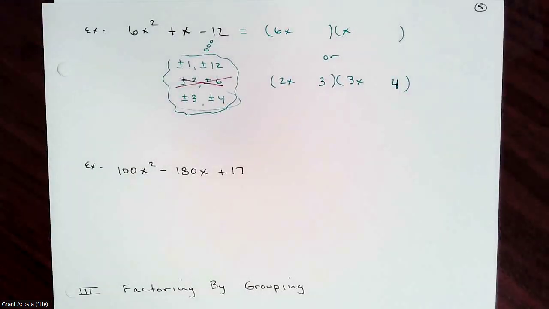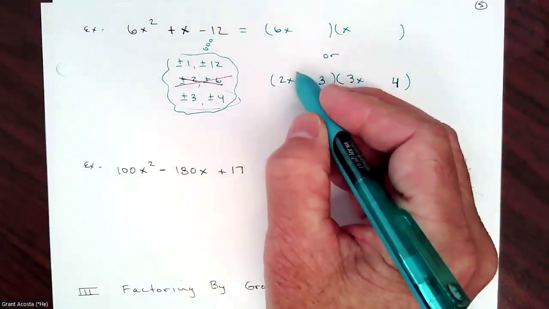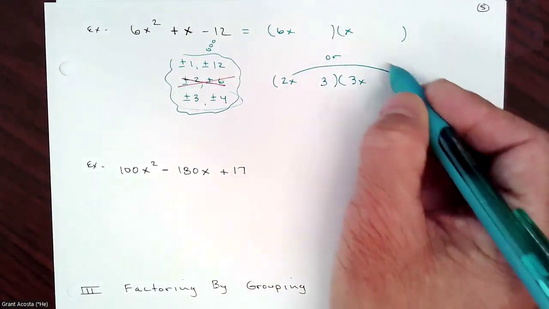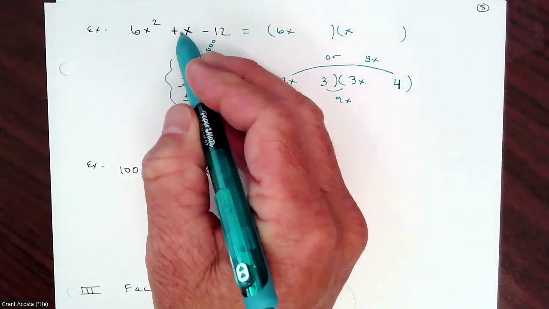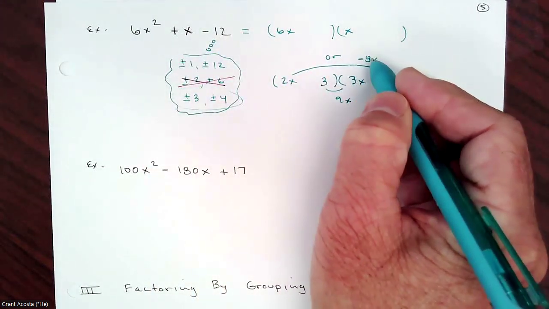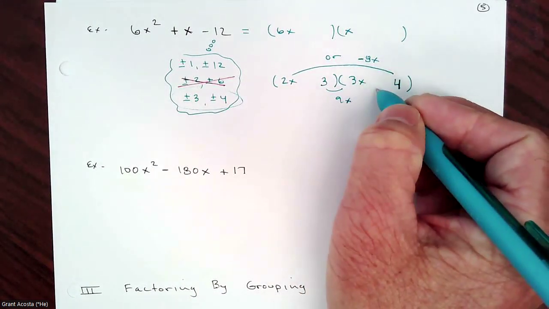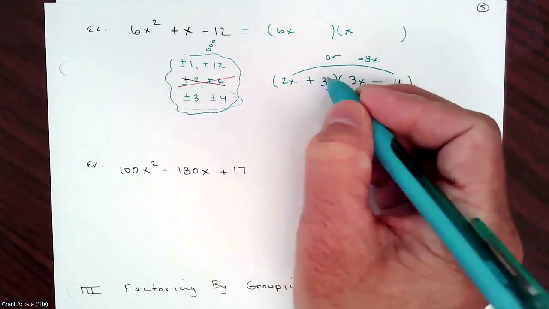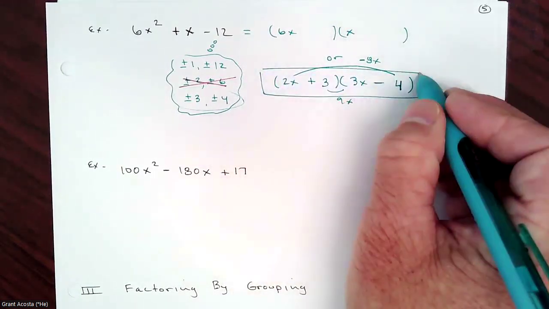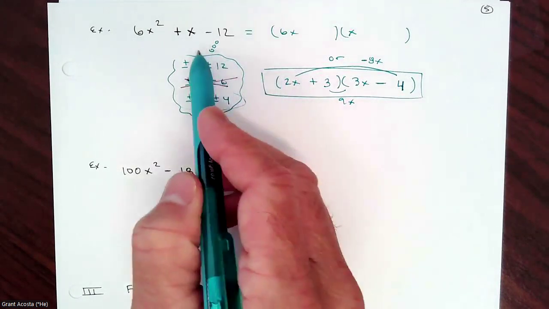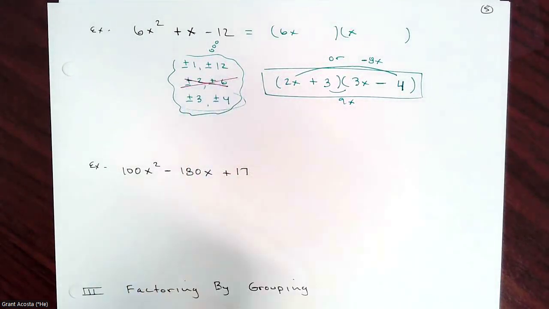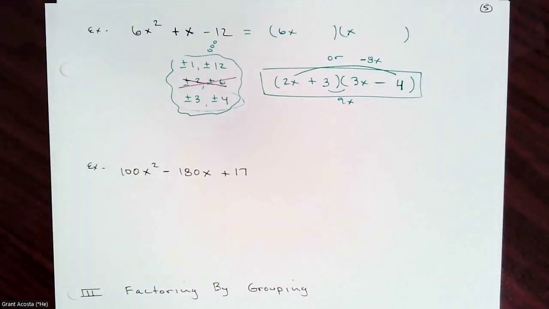So I'm using this case right here. And sure enough, there's 8x, there's 9x. To get a positive x, I want this one to be negative. Negative 8x plus 9x gives me positive x. So this will be minus, this will be plus. And even if you started with the 6x and the x before you went here, I think you would have ruled out things pretty quickly and gotten to that.